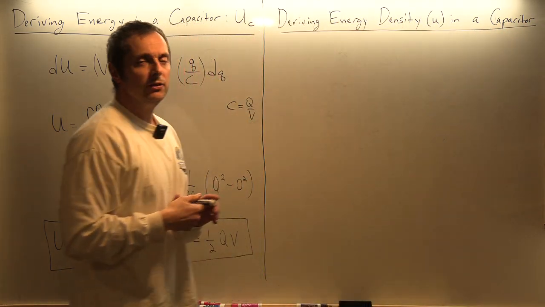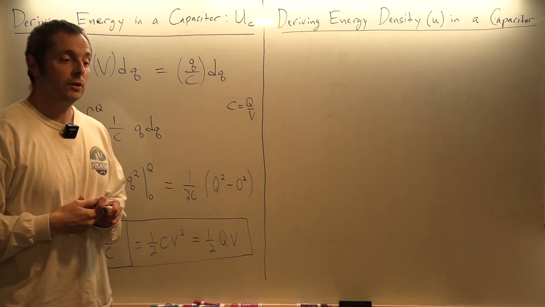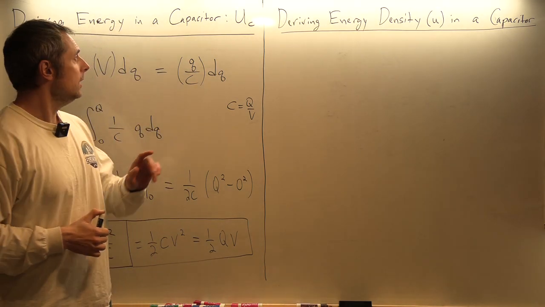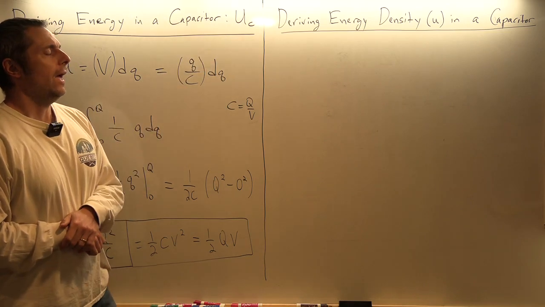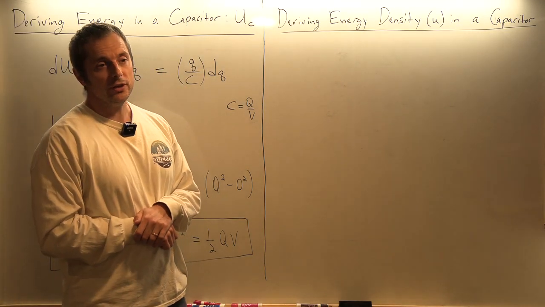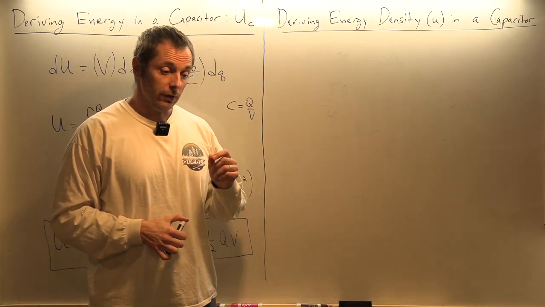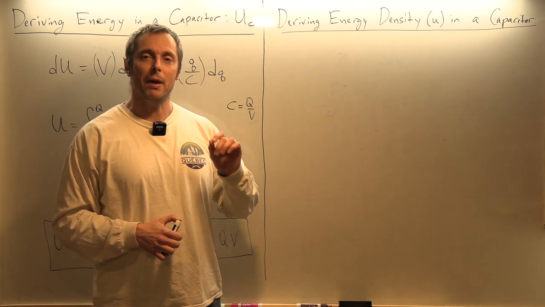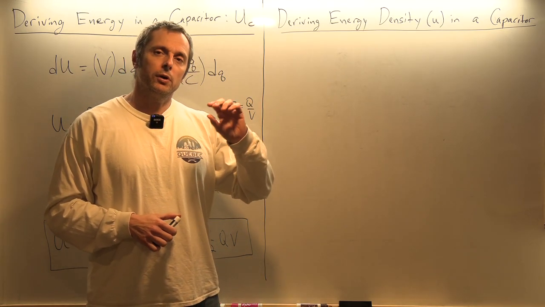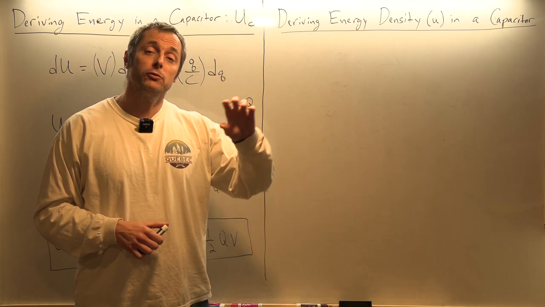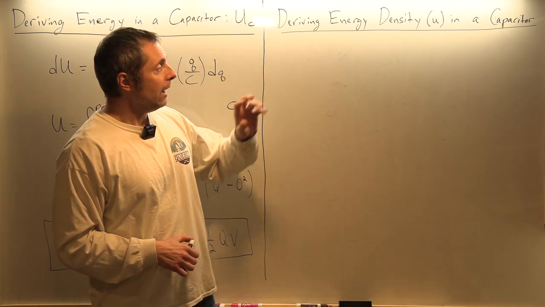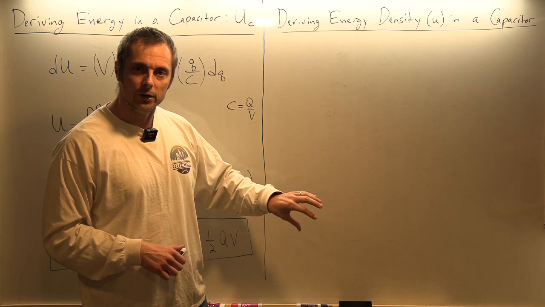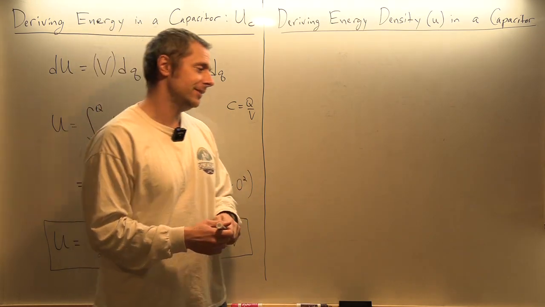So for the energy density, we use the symbol lowercase u instead of capital U. And what we mean by density, remember the first density you probably learned about was mass density. Grams per volume, right? Mass per volume. So now we're going to calculate energy per volume inside the parallel plate.